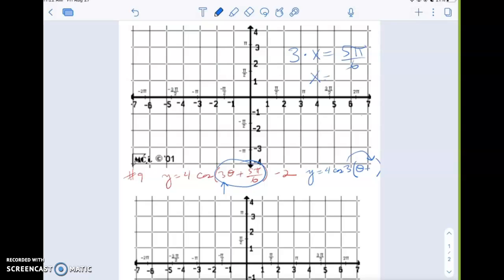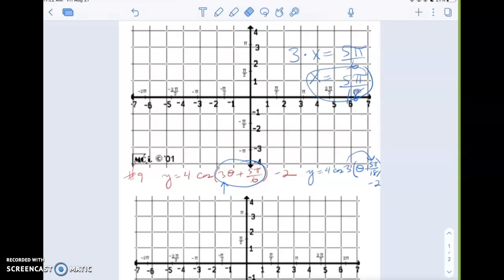So if I solve for that, dividing by 3 makes the denominator 18. So that's what has to go in here, 5 pi over 18. And then the minus 2 just tags along at the end. So that's a little trickier than what we were doing before, where you didn't have to pull anything out.